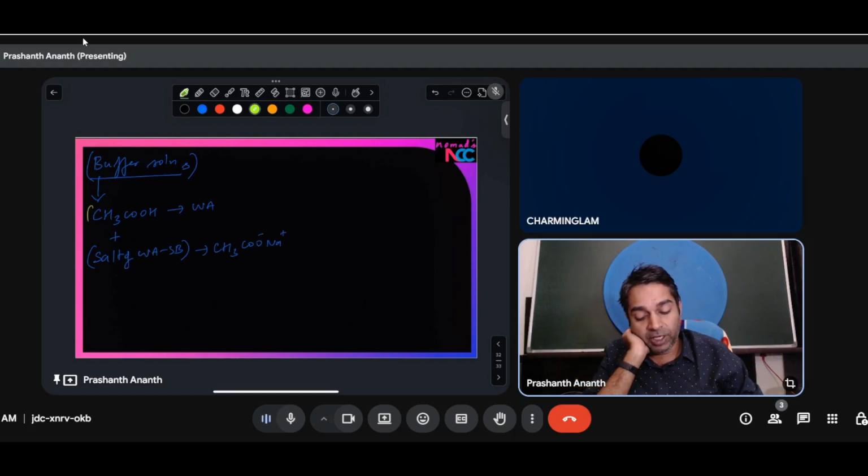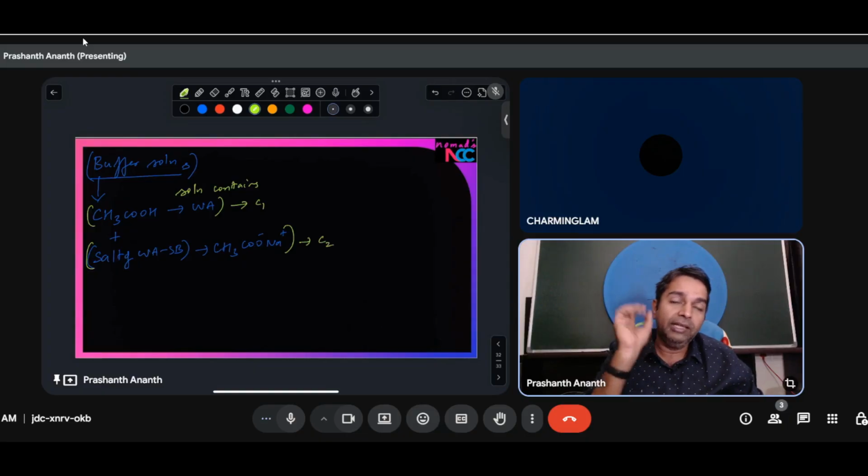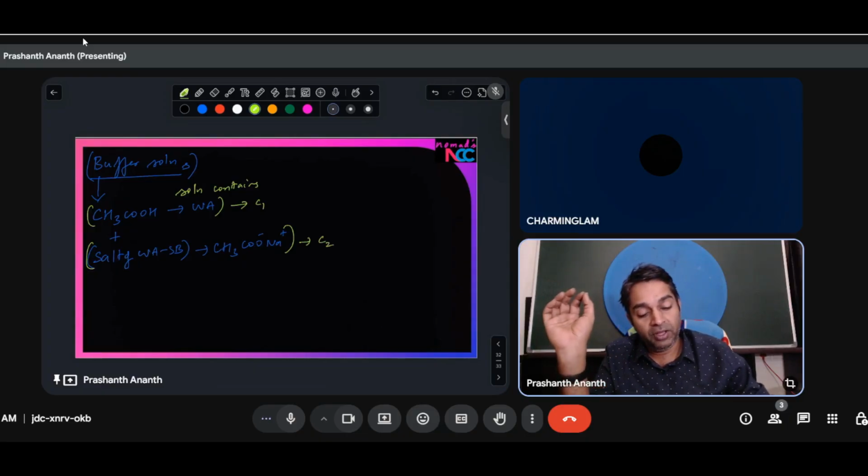I am going to have a solution which contains two pieces: the weak acid at concentration C1 and the salt of the weak acid and strong base at concentration C2. This solution acts as a buffer solution.